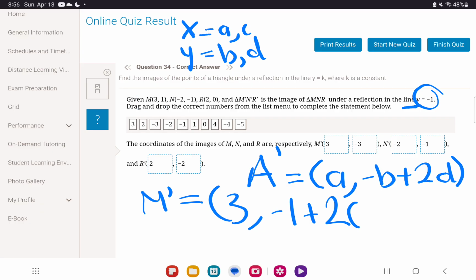I said it wrong when I was writing it here. D is whenever they tell you y equals or x equals, d and c are that number here. So it's minus 1. So minus 1 minus 2 is 3, minus 3. So M prime is (3, minus 3). It's very simple. I think I confused you guys, so let's do the other one with no confusion.